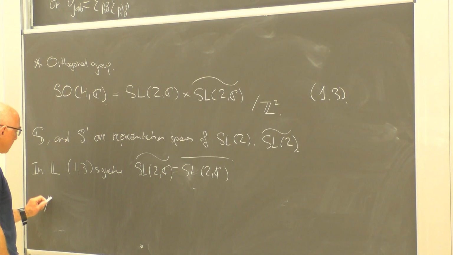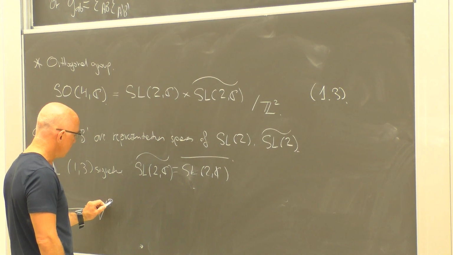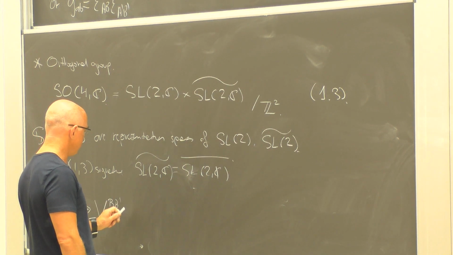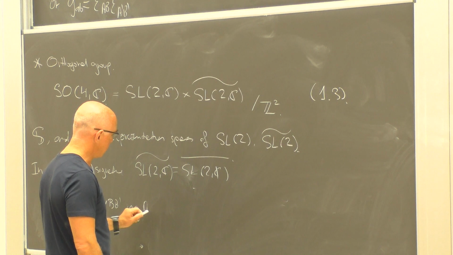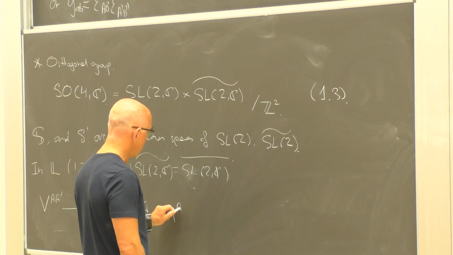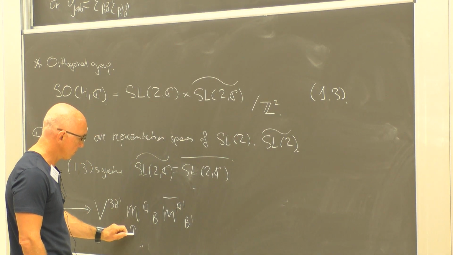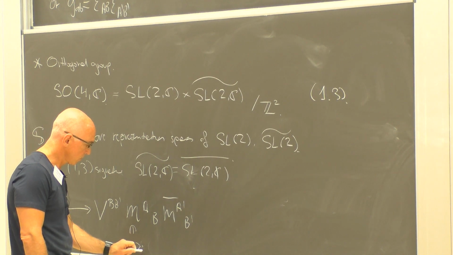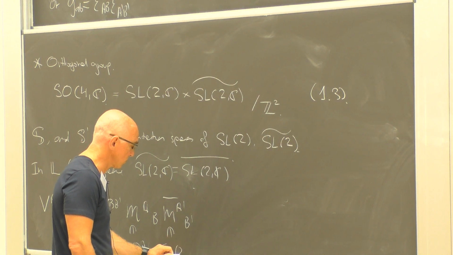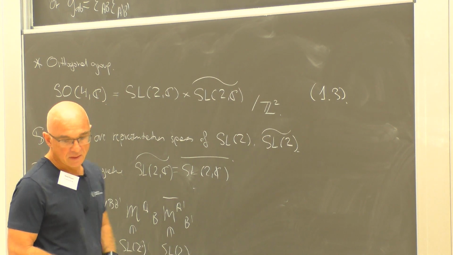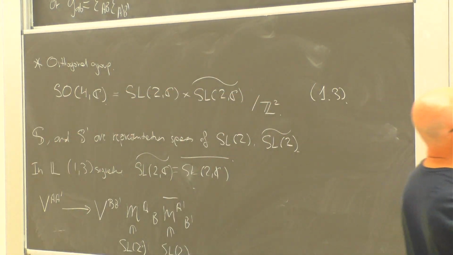V_AA' goes to M_A^B and M-bar_A'^B', V_BB', where this one is an element of SL2 and this one has a bar on it, an element of its conjugate SL2.